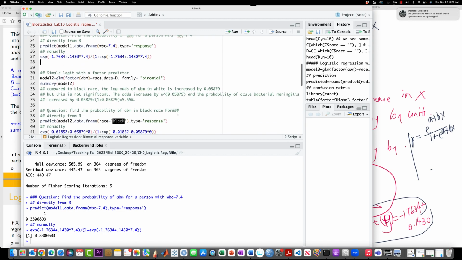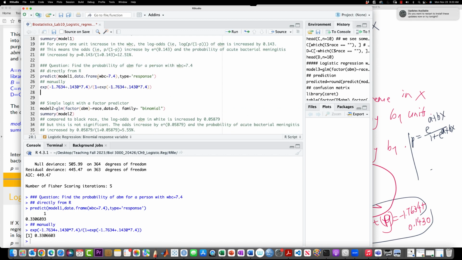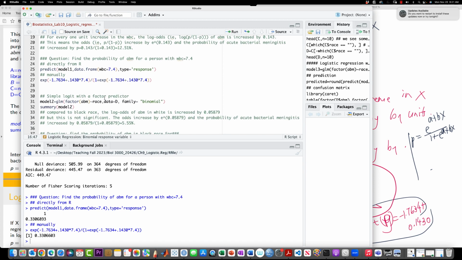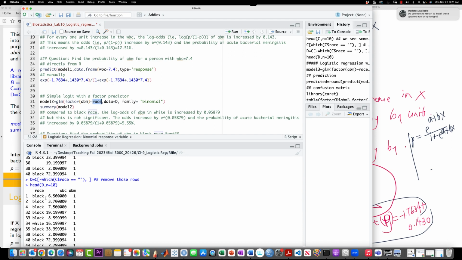Okay, so that is the case where WBC was a numerical predictor. But sometimes your X will be a categorical predictor. For example, in model 2, you see that in this data set, race is categorical, WBC is numerical, and ABM is also categorical, that is the Y variable.